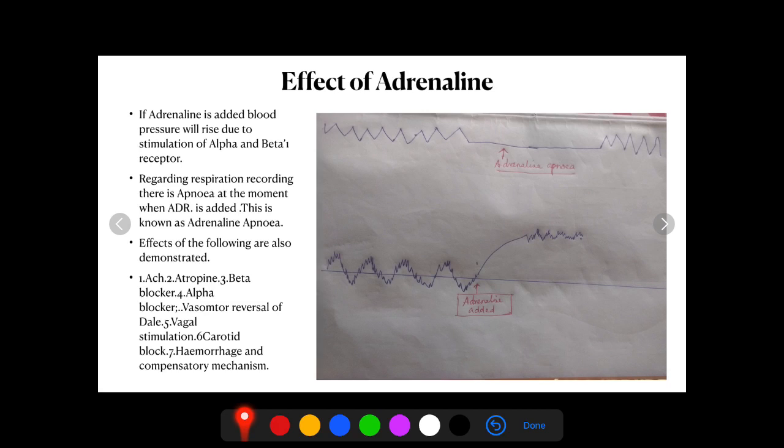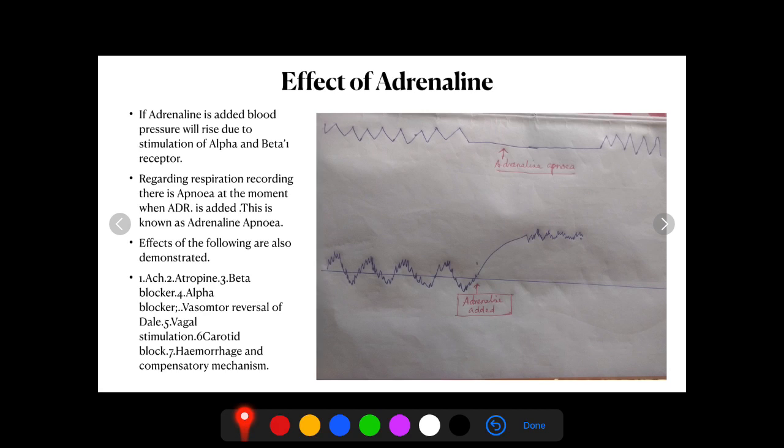And from your theoretical knowledge, you know the compensatory mechanisms of regaining blood pressure after hemorrhage. Now, this is beyond the scope of discussion of all these regulatory mechanisms, but in short, I am mentioning some of them.